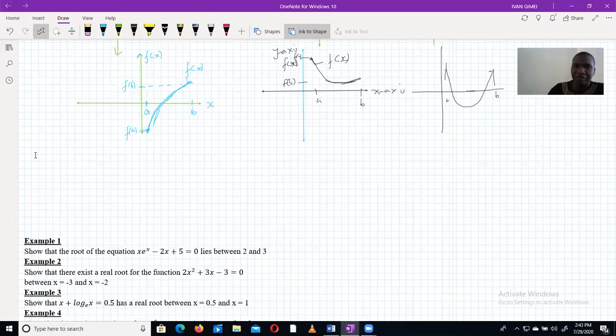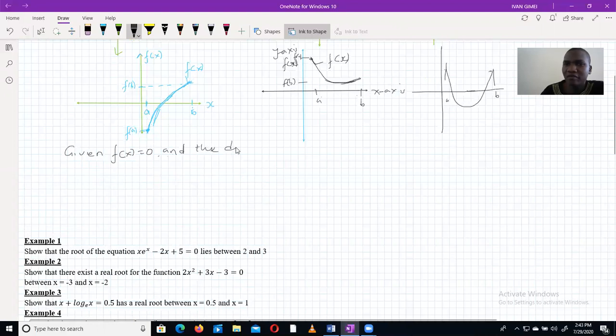So we shall say, if you've been given f of x equals 0, and the domain, of course, these are the values of x that you're going to use, the input values, the domain AB, that means the interval AB.